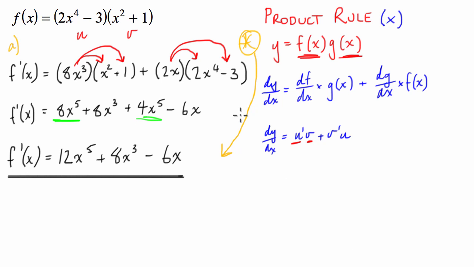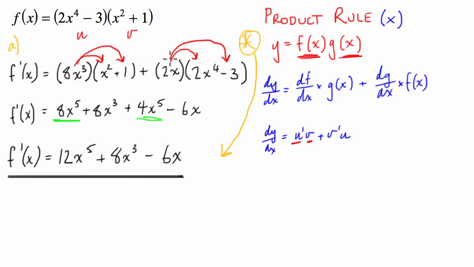What the product rule states is if we have two functions multiplied together, the derivative of this will be the first function, take the derivative of it, multiply it by the second function left constant, and then add it to the second function's derivative multiplied by the first function left constant. And that will give you the derivative.